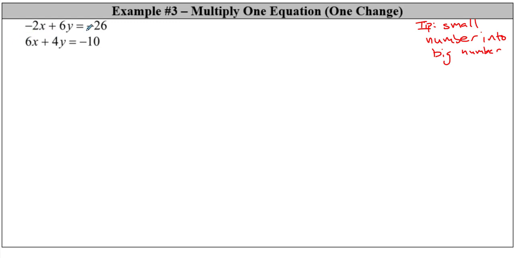Okay, so remember, we need the same value and we need opposite signs. Right now, if we look at our signs for these x terms, they're already opposite. We just need to turn this -2 into a -6. And how can I turn a -2 into a -6? Well, if I multiply it by a +3, that will turn it into a -6.